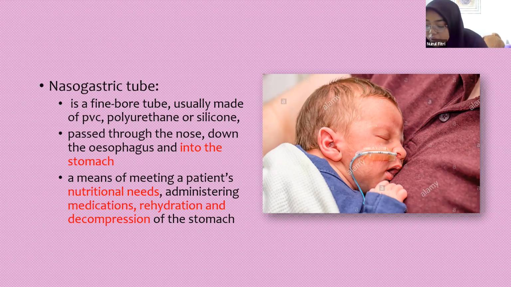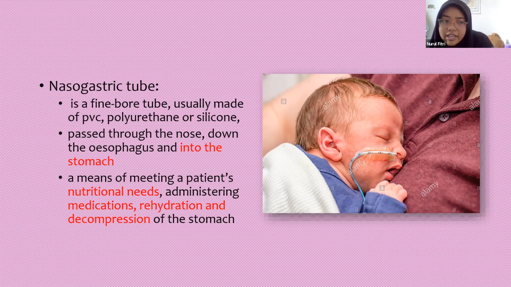Okay, so this nasogastric tube is the most common route for enteral feeding in children who cannot use the oral route, usually because of a gastrointestinal disorder, a neuromuscular disorder, or a metabolic disorder.